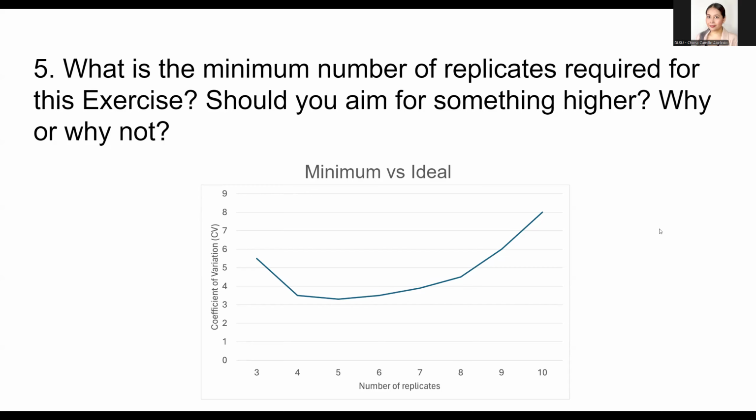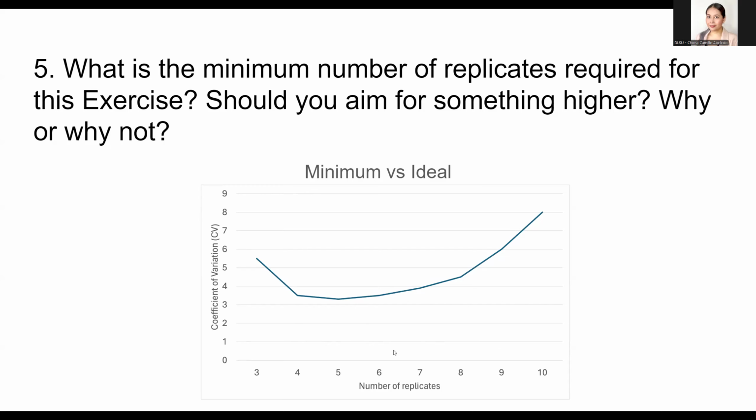So, yun. But when it comes to experiments like exercise number 2, wherein the more replicates you create, the greater the fatigue that is experienced by your experimenters, then the higher the number of replicates does not always mean the better.